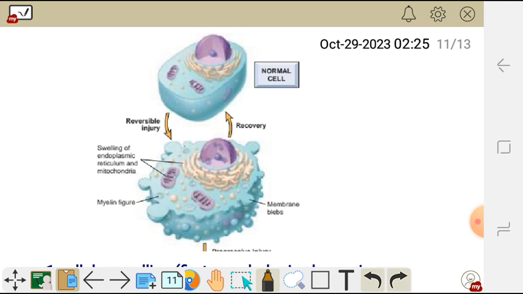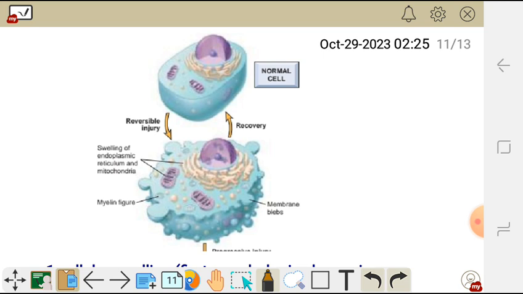So membrane blebs are simply pouches or protrusions which are formed by the membrane to accommodate water. Since water is accumulating inside the cell, we are going to see these pouches, which are formed to accommodate more water, and those pouches are what we call membrane blebs.